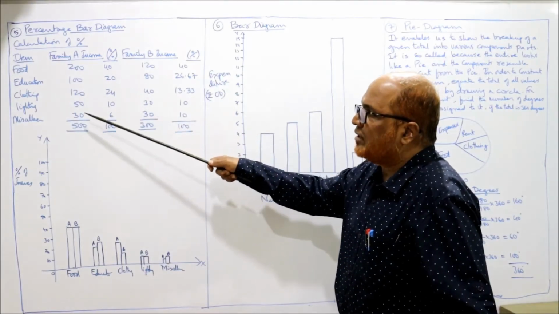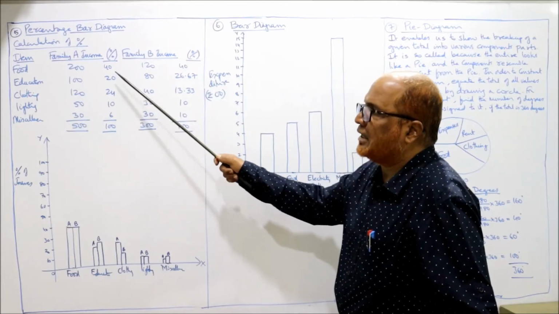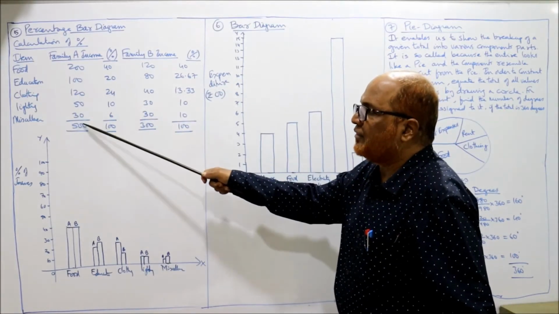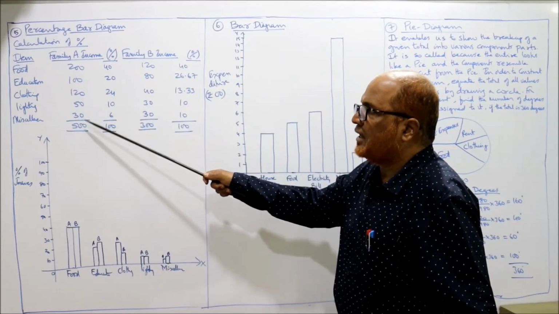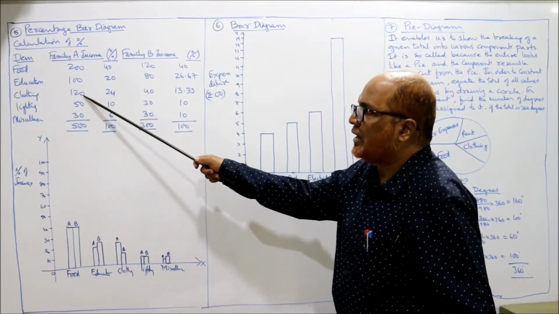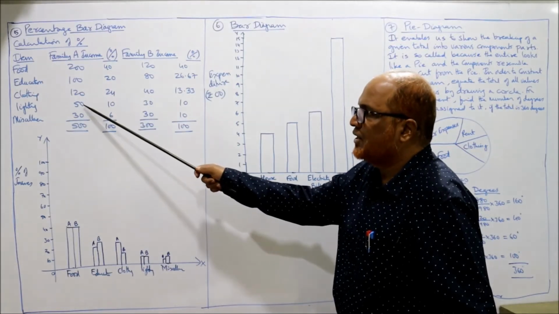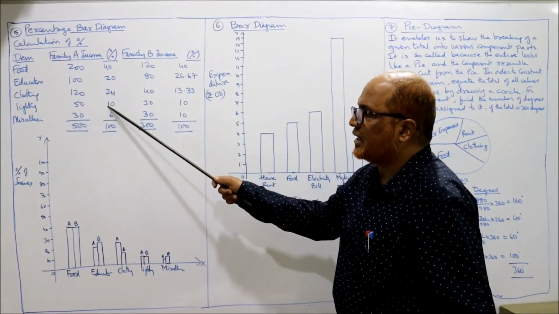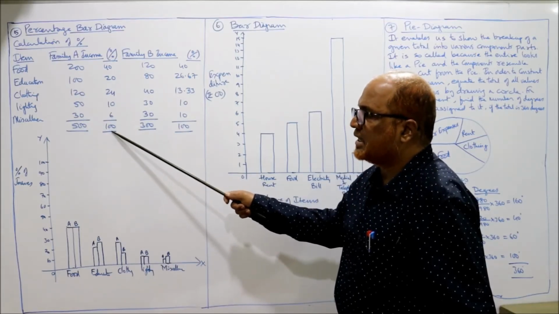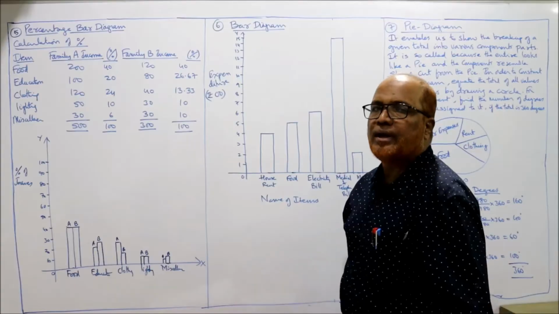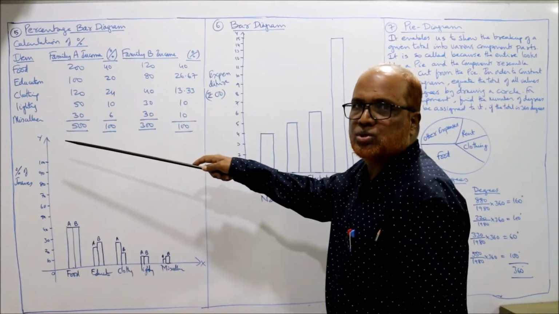To calculate the percentage: 200 divided by 500 into 100, 40%. 100 divided by 500 into 100, 20%. 120 divided by 500 into 100, 24%. 50 by 500 into 100, 10%. 30 by 500 into 100, 6%. Total percentage 100. So now we are going to show the diagram in percentages, not in amounts.